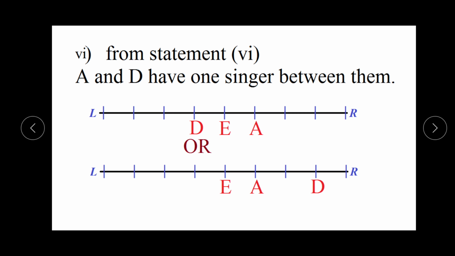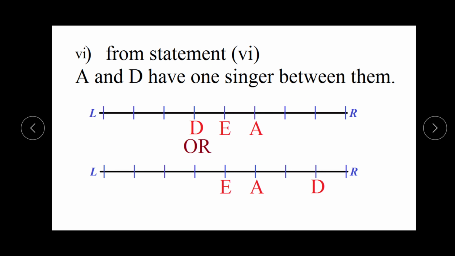So between A and D, if one singer is there, two possibilities are there. We can take D to the left side of A, with one singer between A and D, and we can take D to the right side of A after one place. That time also there is one singer between A and D. So these are the two positions.